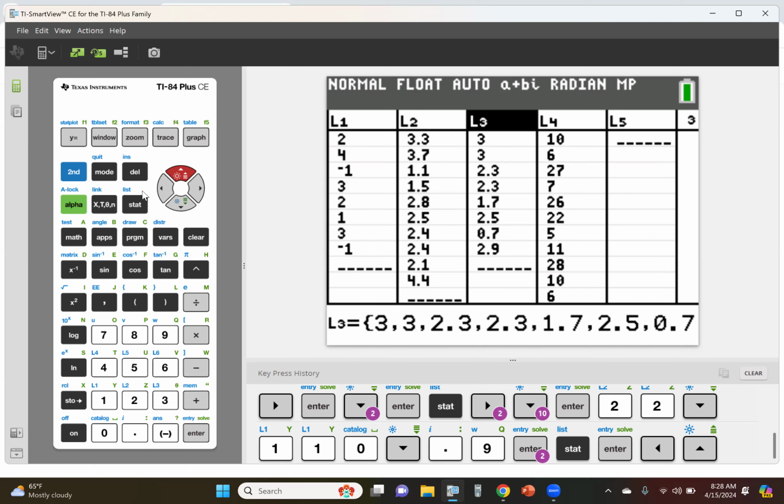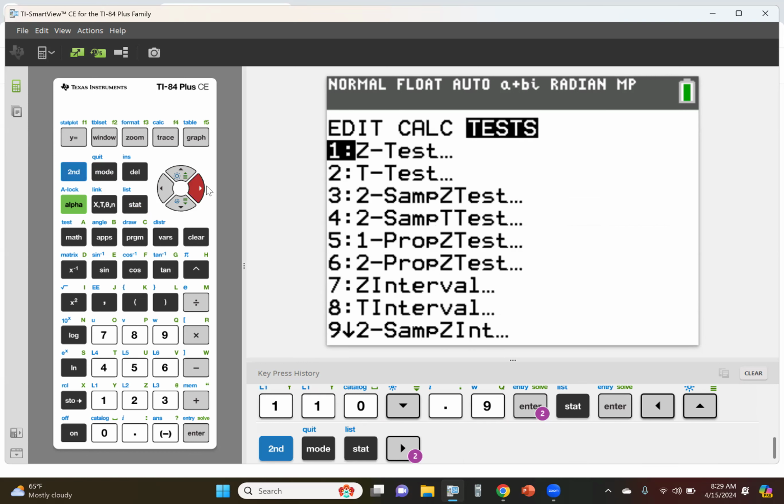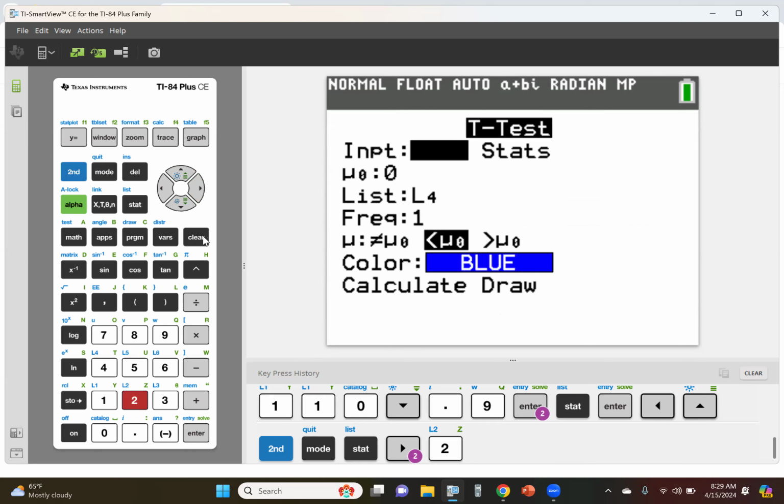Okay. All right. So I'm going to go run my t-test on my data, which is in L1. We're assuming that the mean difference is 0, so that should be 0. I'm running on L1 because that's where I put my data.